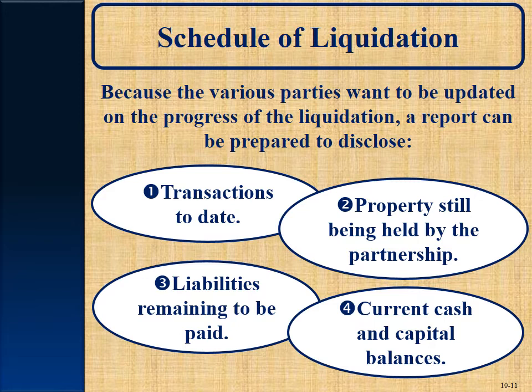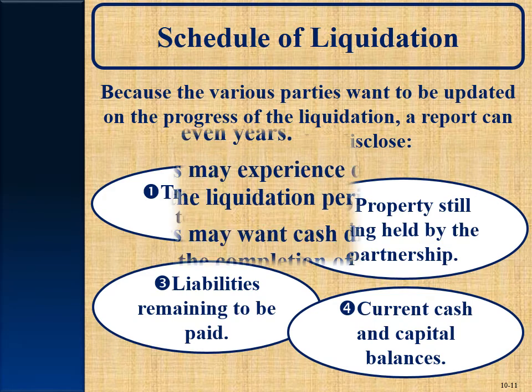A report can be prepared to disclose transactions to date, property still being held by the partnership, liabilities remaining to be paid, and current cash and capital balances. So it's up to us as accountants to make sure that we are always keeping the partnership and parties involved updated on these types of items.